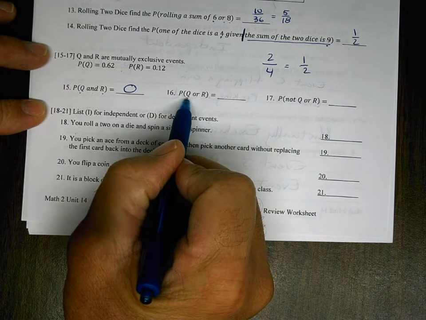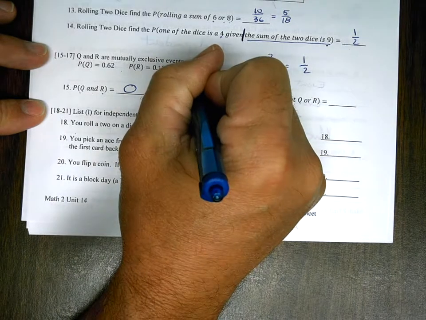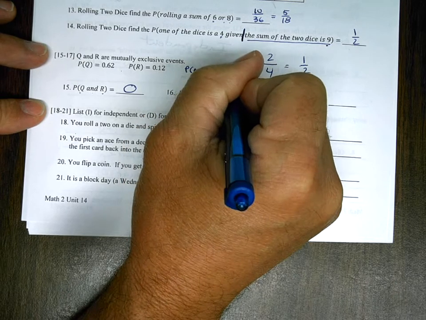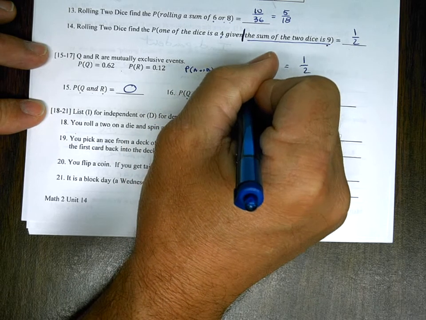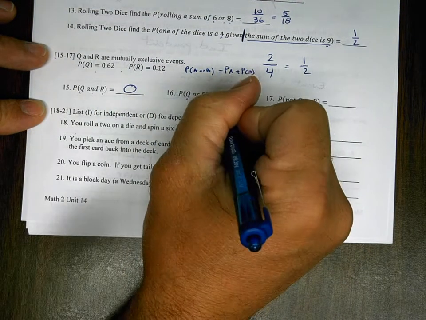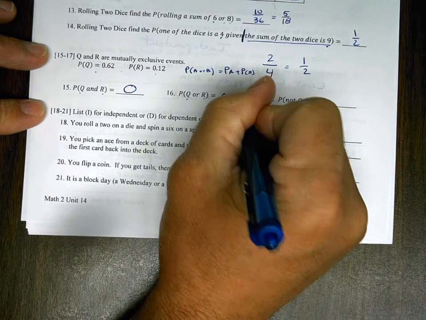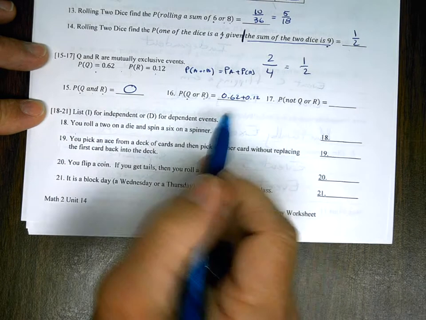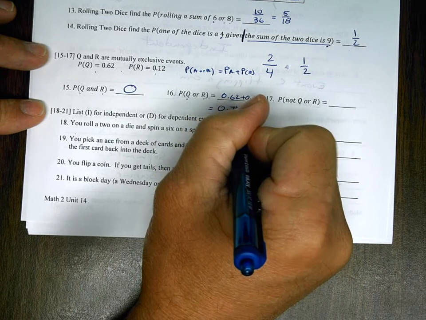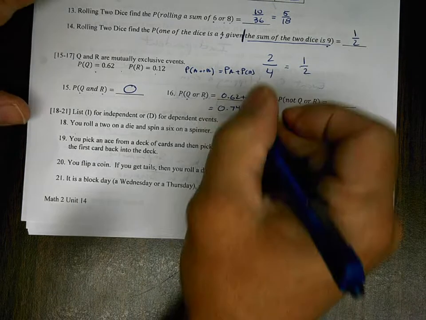Okay, a probability of Q or R, remember the formula for mutually exclusive, A or B equals probability of A plus the probability of B. And the probability of Q in this case is 0.62. Probability of R is 0.12. When you add those two together, you get 0.74. Questions on number 16?